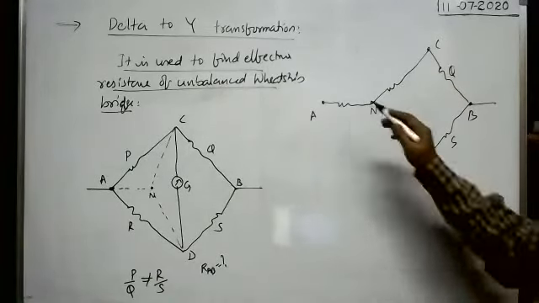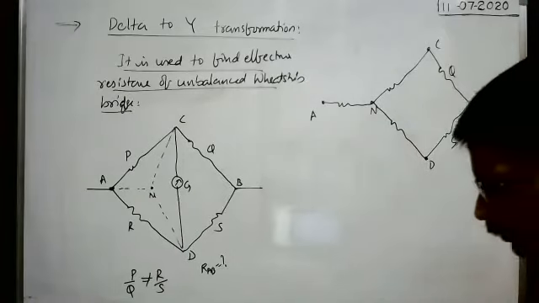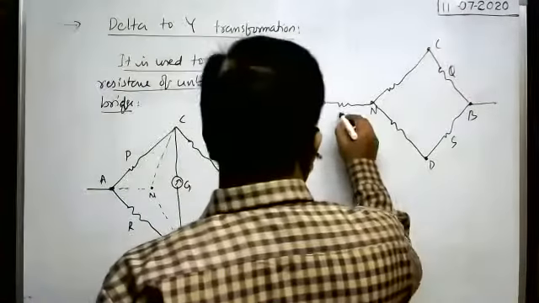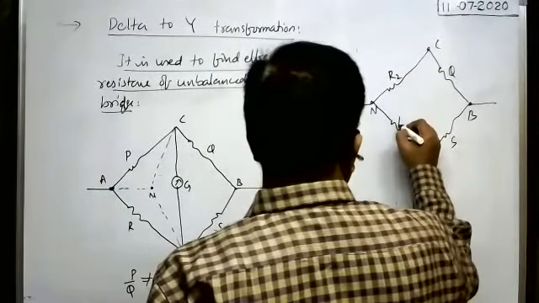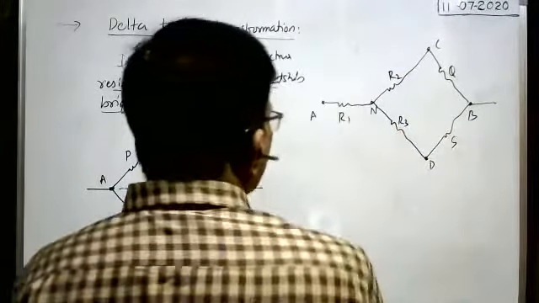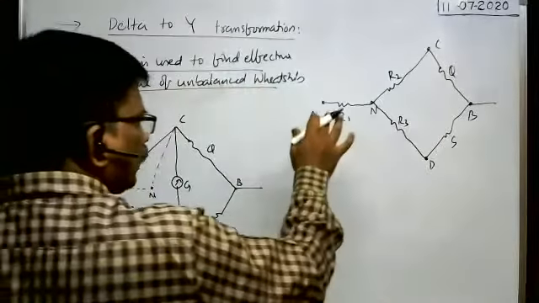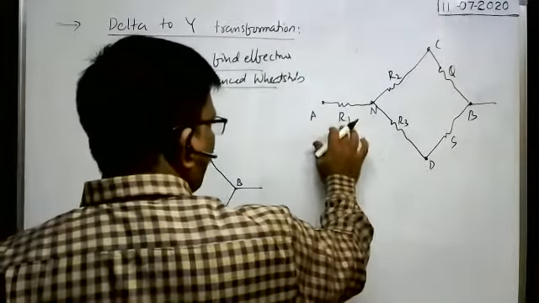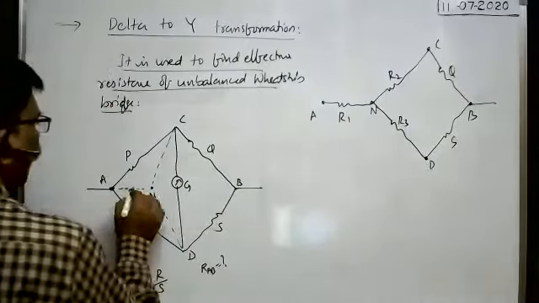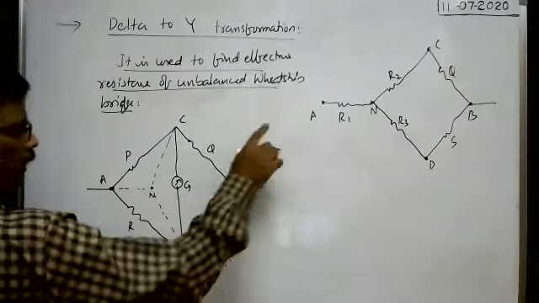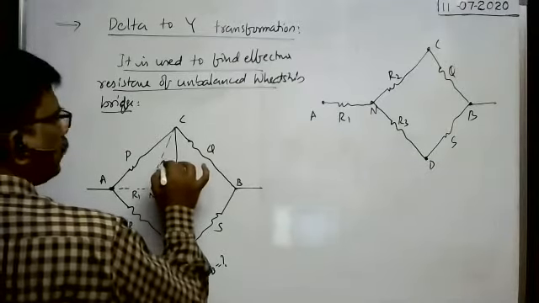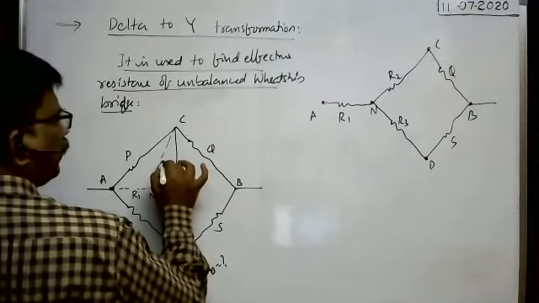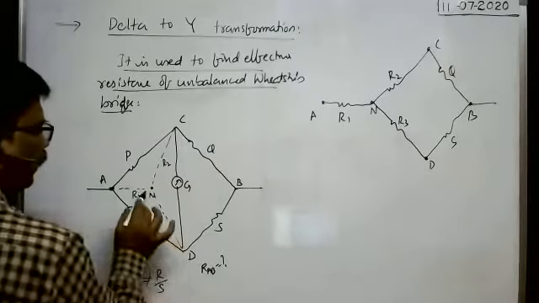Whatever these resistances are, say this resistance is R1, this is R2, this is R3. R1 is imagined between A and N, R2 is imagined between N and C, R3 between N and D.